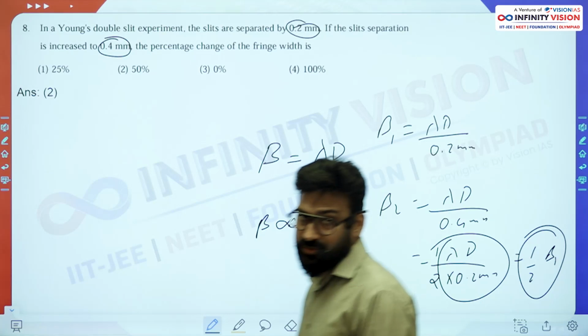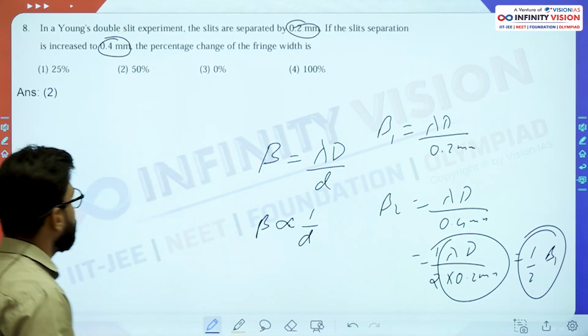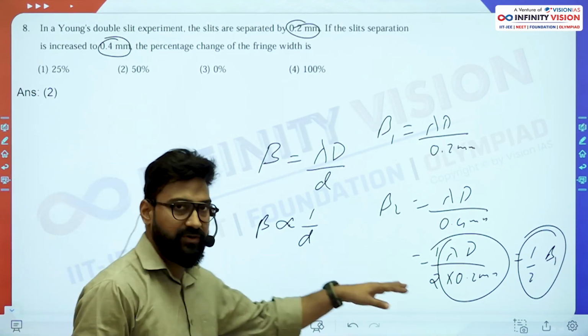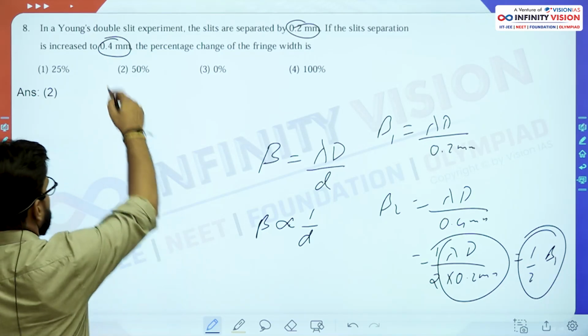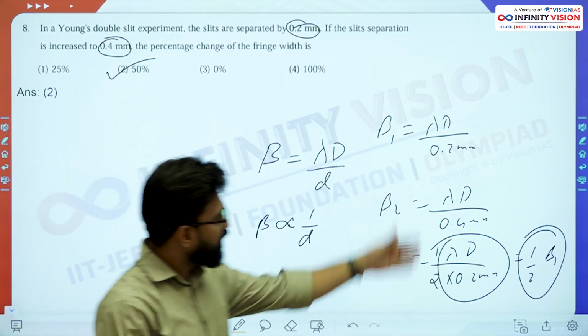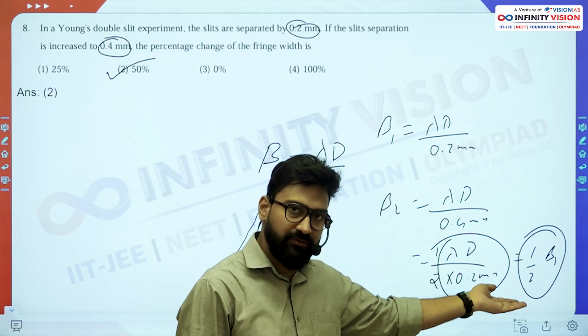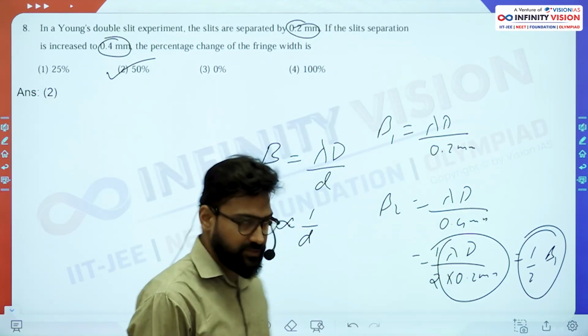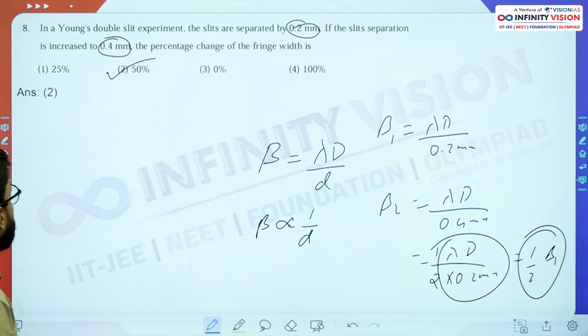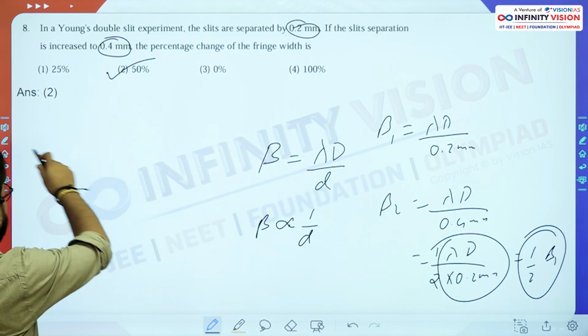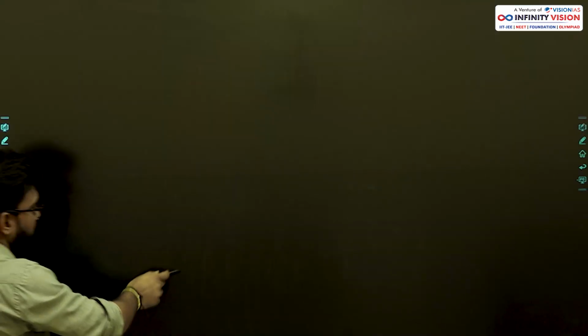That means your fringe width will decrease. It will become half, so the change would be 50%. From the initial value it becomes half, so the percentage change in the width is 50%.